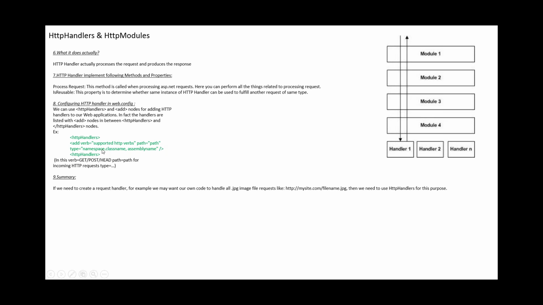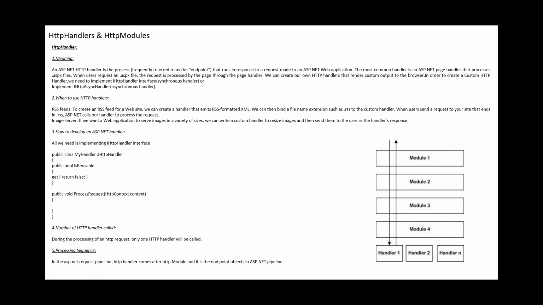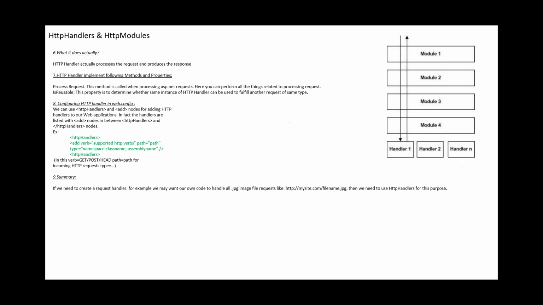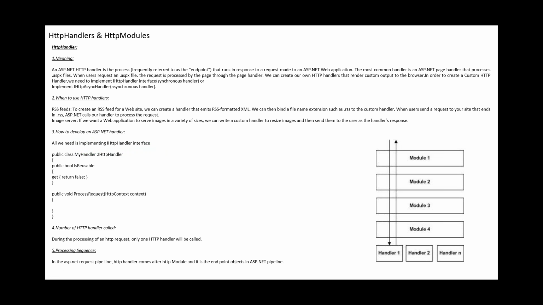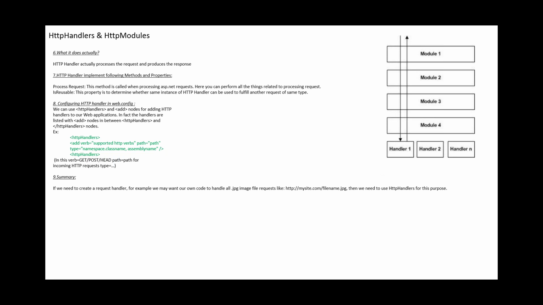Type of the assembly means the class name. In my previous slide I kept MyHandler as the class name, so you have to give that class name. Assembly means if you are keeping that handler in any other assembly, you can specify that. Then httpHandlers ends. Like that you can add as many handlers as you want and declare your HTTP handlers.